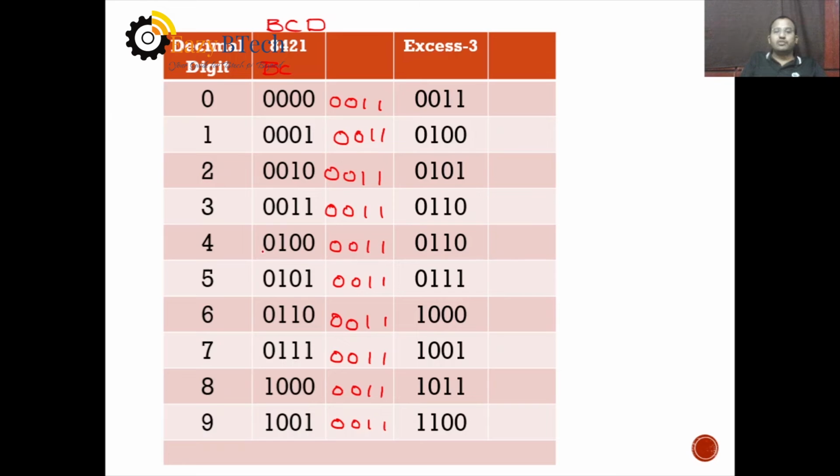For example, you take 4. For 4 in BCD it is represented as 0, 1, 0, 0. Now we will add 3, 0, 0, 1, 1. So then it is 0, 1, 1, 1.